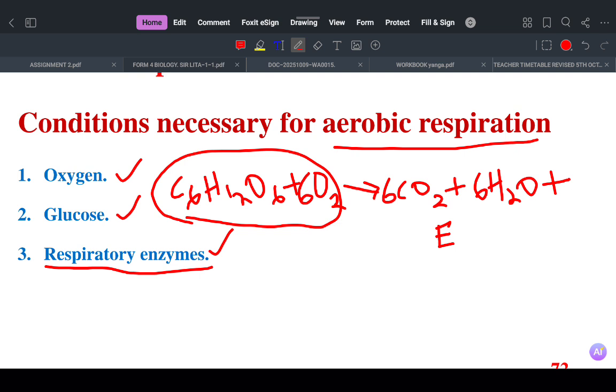So you need the oxygen, glucose, and the enzymes to speed up the process. Remember that enzymes are biological catalysts, right?